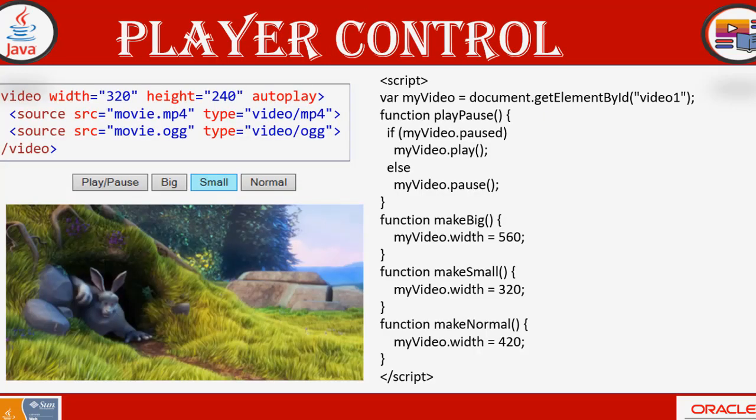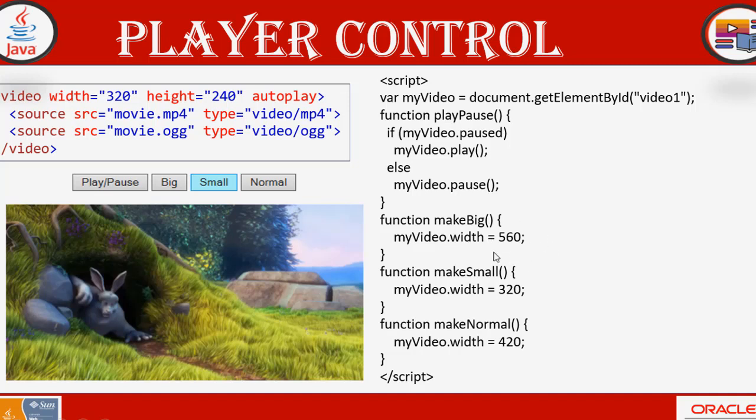Now if you see the player control, when you make your own controls, that can be done using a simple script. In the script, we have a variable which is identified by video 1, and this video 1 is nothing but your video, and the function play pause, which is controlling video 1, since my video is linked to video 1, plays and pauses with the condition, and make it big.